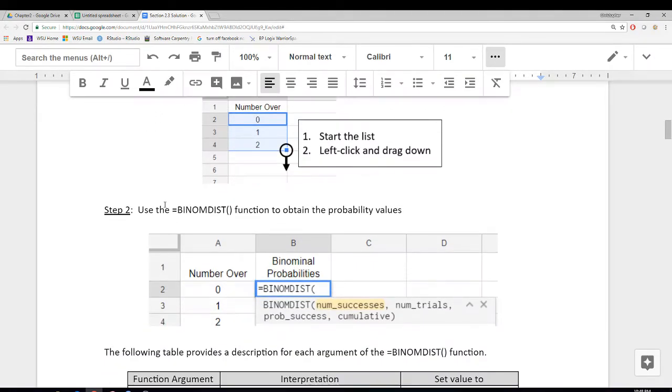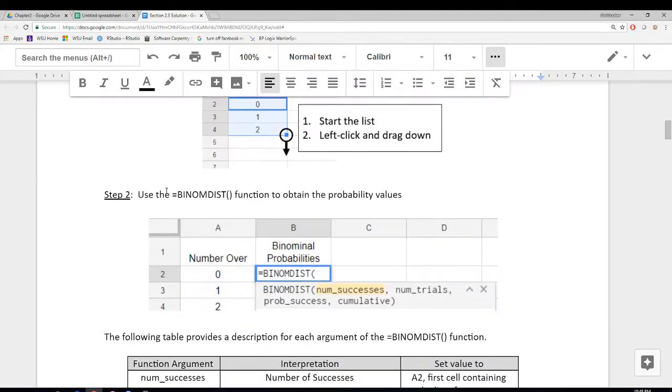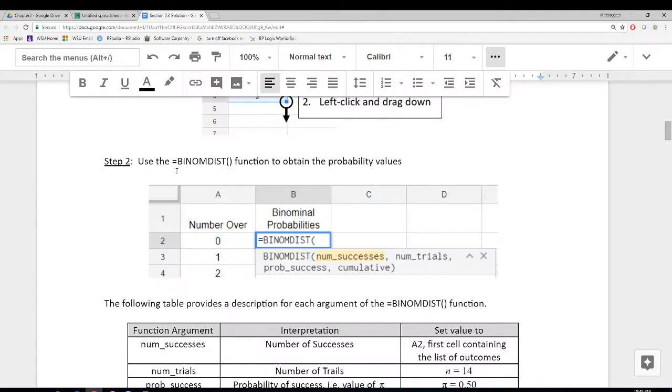Once we obtain that list, we can use the BINOM.DIST function in our spreadsheet to obtain these probabilities. The BINOM.DIST function can be done in Google Sheets. It can also be done in Excel. The function is the same in both of those spreadsheet packages.